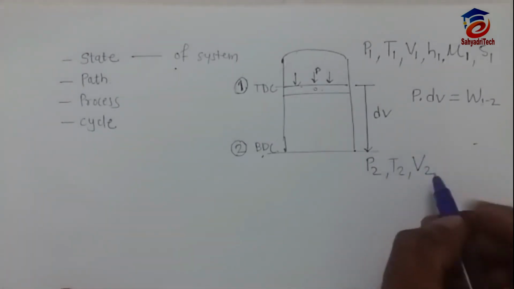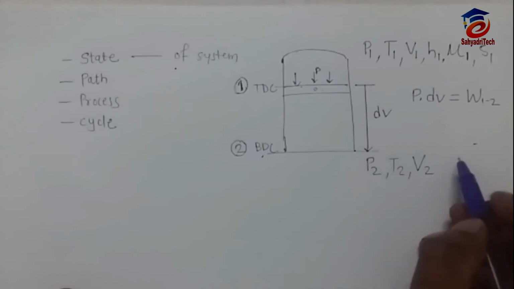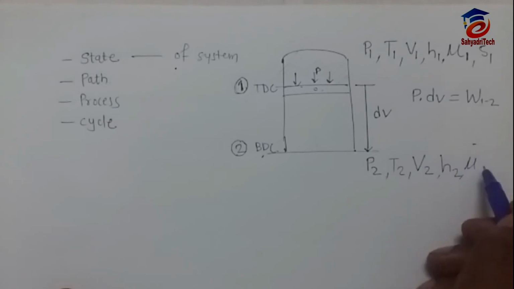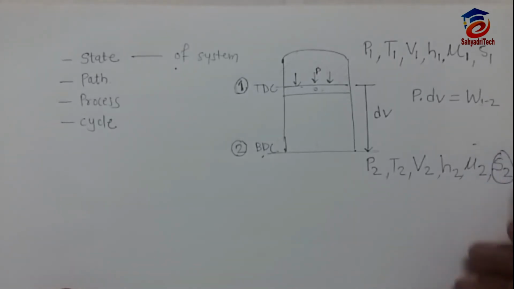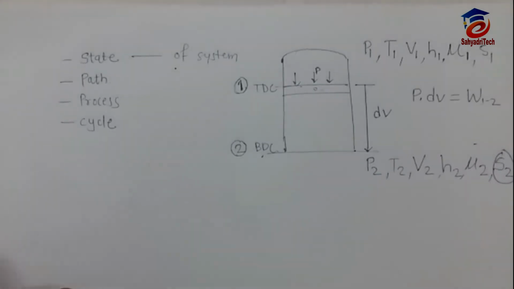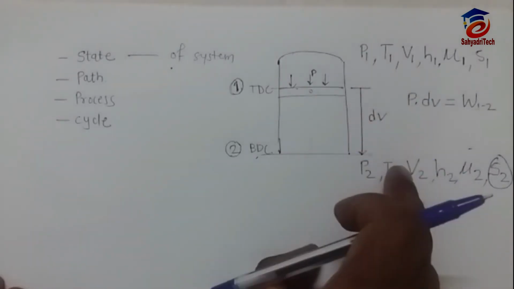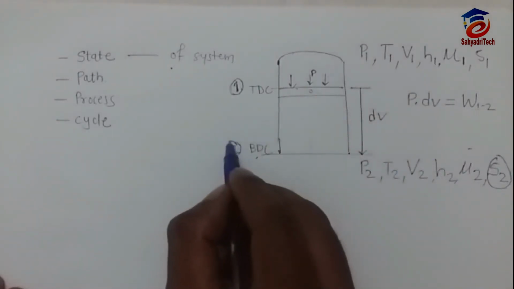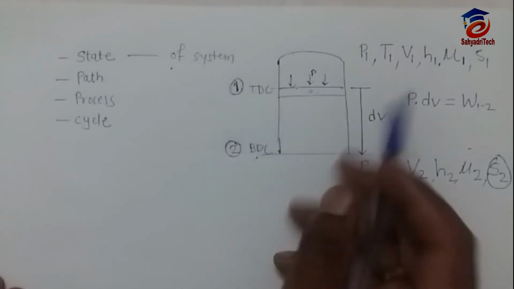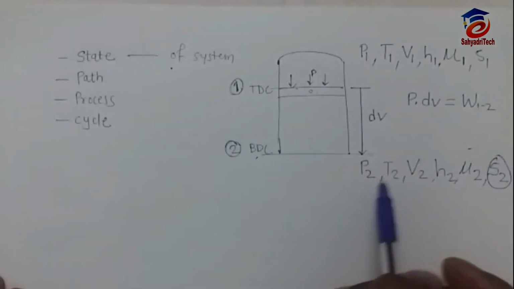The temperature changes to T2, volume changes to V2, enthalpy changes to H2, internal energy changes to U2, entropy changes to S2. You may not know this entropy concept yet; we will study it in the second unit. So this way properties will change. At state 1 these are the properties, at state 2 these are the properties.